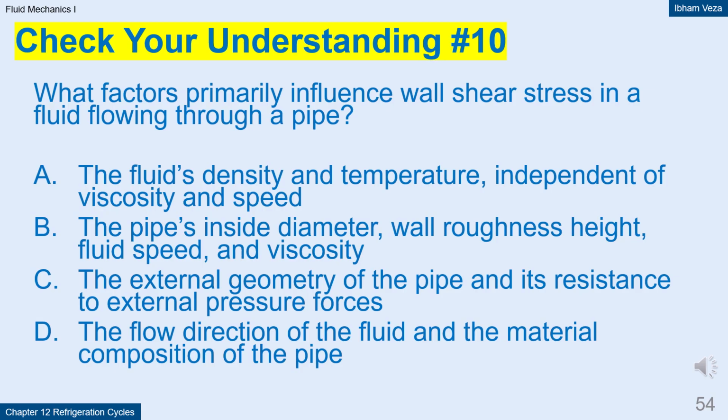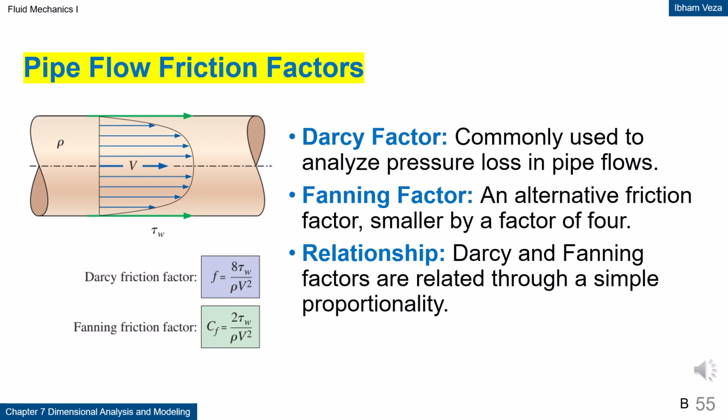C is incorrect because wall shear stress is related to internal flow properties, not external geometry or external pressure forces. D is incorrect because while material composition affects pipe durability, it does not directly influence wall shear stress in the fluid.